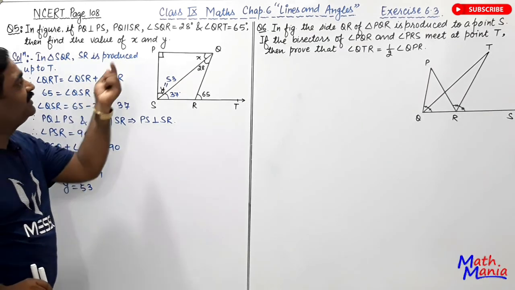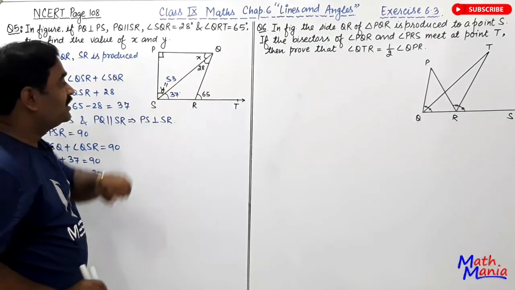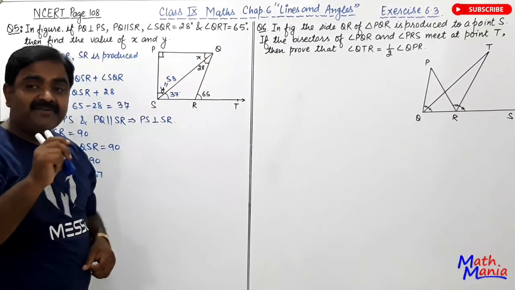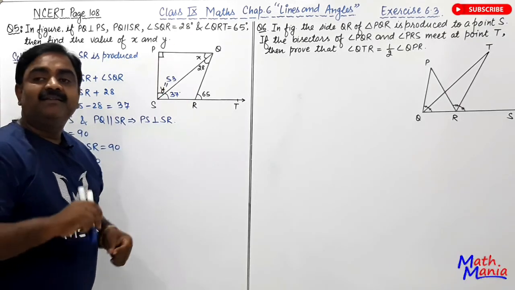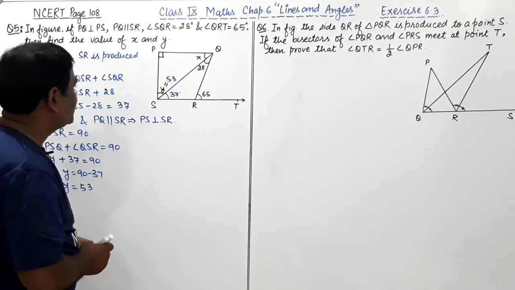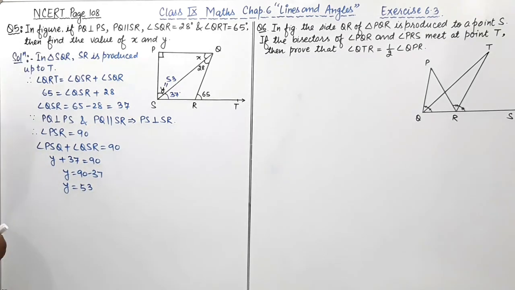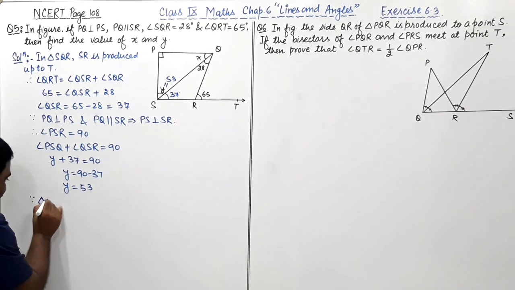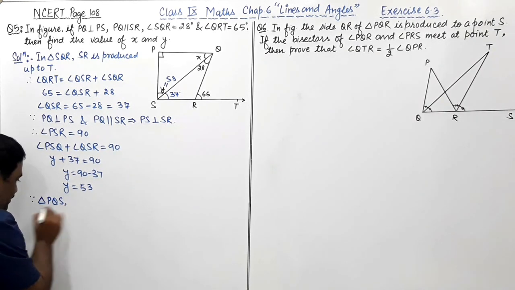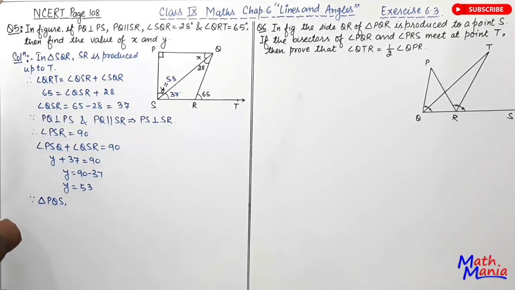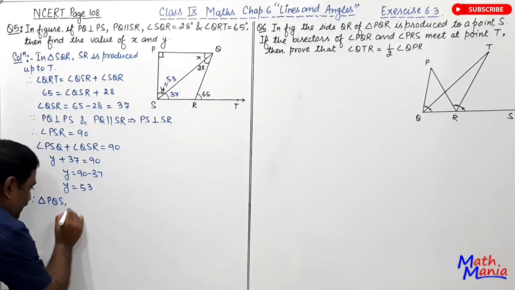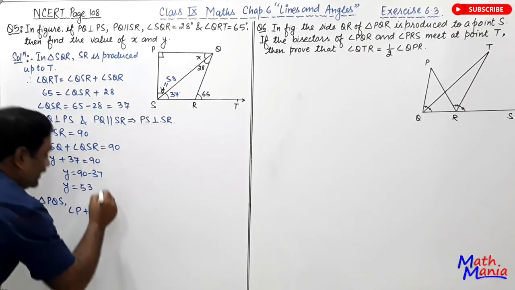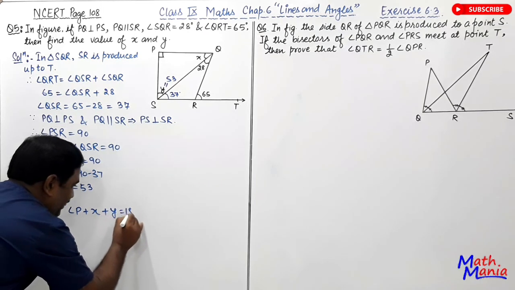Now we have to find the value of X. To find the value of X you have to take the triangle PQS. Which triangle will we take? PQS, and the sum of all angles of triangle PQS is equal to 180. So in triangle PQS, the sum of all angles means angle P plus X plus angle Y is equal to 180.